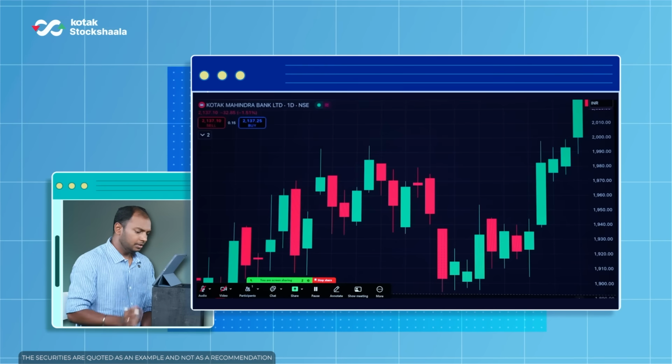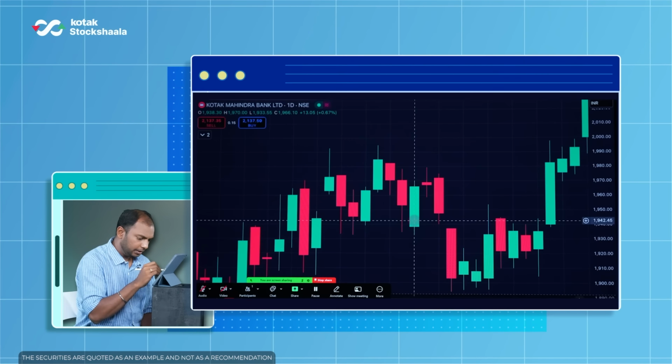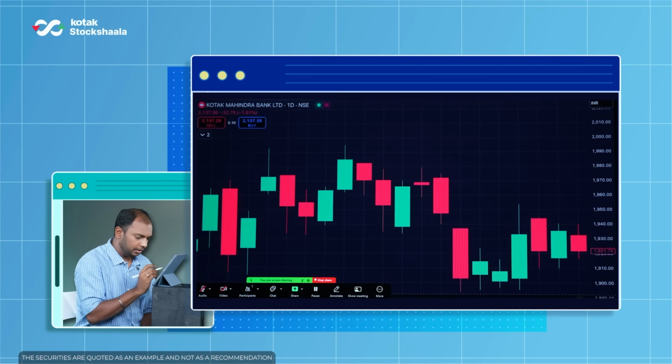Now let's understand a candlestick in a live chart. Here I am showing you the candlestick chart of Kotak Mahindra Bank on a one-day time frame. Let's choose the 24th of February as an example. Here let's identify, since it's a green candle, the opening price is at the bottom.